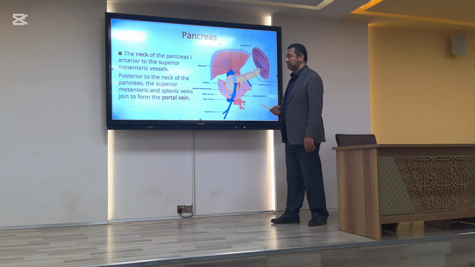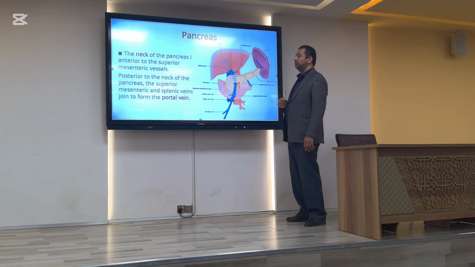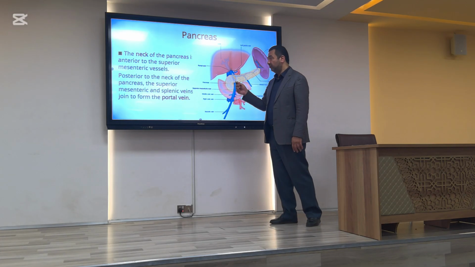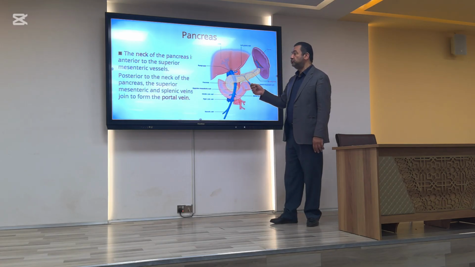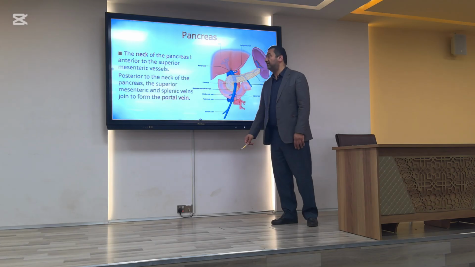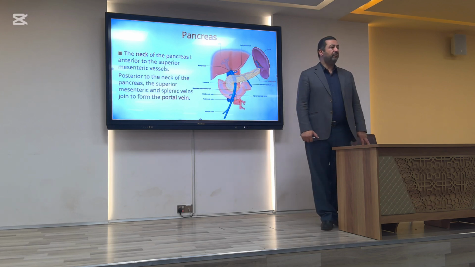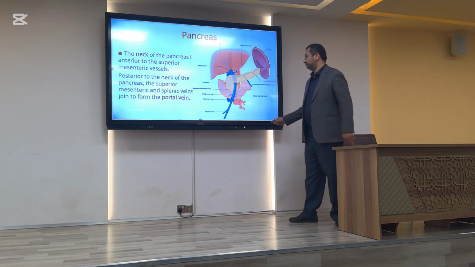The neck of the pancreas is anterior to the superior mesenteric vessels. Posterior to the neck of the pancreas, the superior mesenteric and splenic veins join together and form the portal vein.